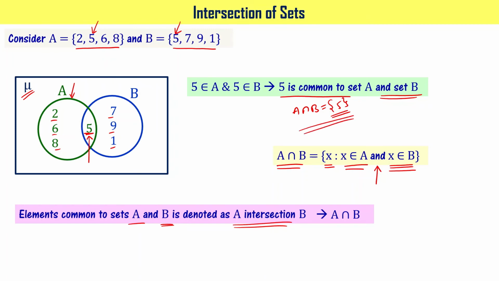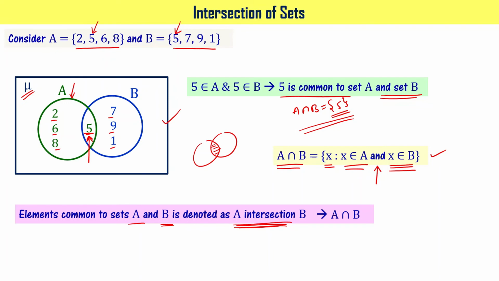Now we have seen roster form for A intersection B, right? And set builder form and Venn diagram. Looking at Venn diagram, the elements that are part of this intersection region is called intersection. When you have these two circles, this is the region which is of intersection to both, right?